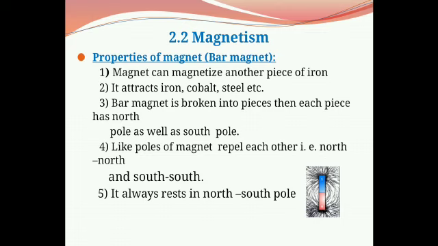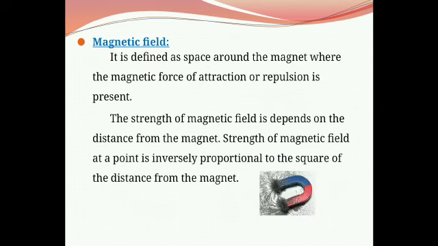Fourth property is like poles of magnet repel each other, that is north-north and south-south. Like poles means similar poles and unlike poles means different poles. And when we keep that bar magnet in rest position, it always rests in the north-south direction. These are the properties of a magnet.